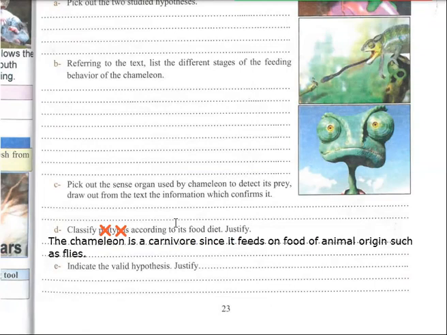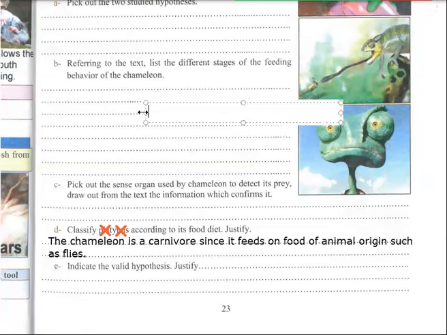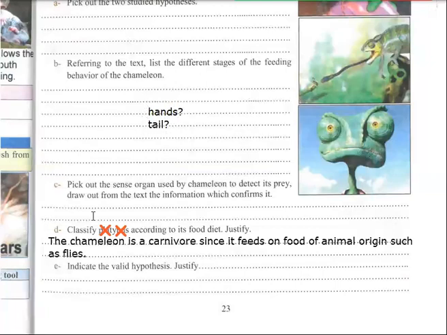The kids put the chameleon with the fly in the same box. Indicate the valid hypothesis. Is Camel's hypothesis, saying that the chameleon uses its hands to catch its prey, correct? Or Camellia, who's saying that the chameleon uses its tail, is correct? What does the chameleon use? Its tail? Or its hands? As we saw, the chameleon uses its tongue to catch its prey. So none of the hypotheses is correct. Why? We need to justify.